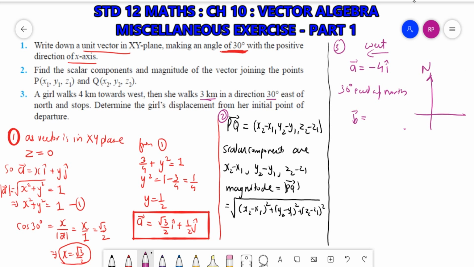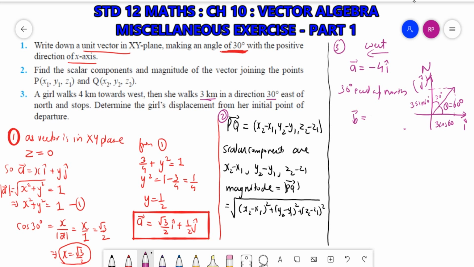This is the direction of north, so I will write j. This angle is 30 degrees, and this angle theta will be 60 degrees. The x component will be 3 cos 60, and the y component will be 3 sin 60.